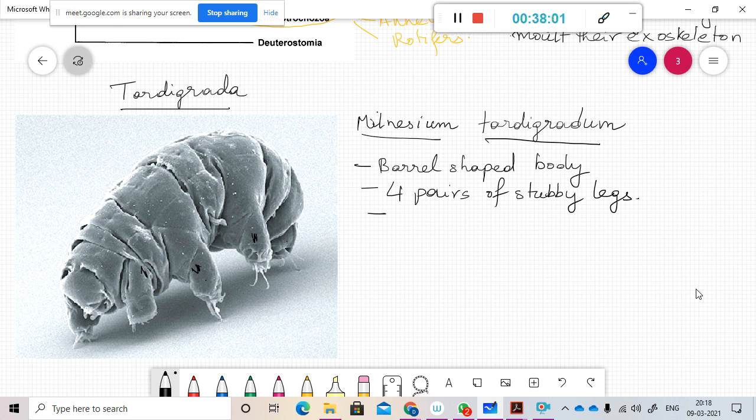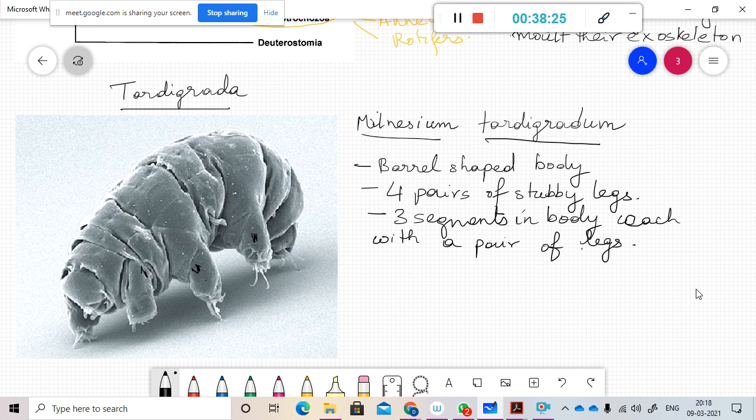So three segments in the body, each with a pair of legs.